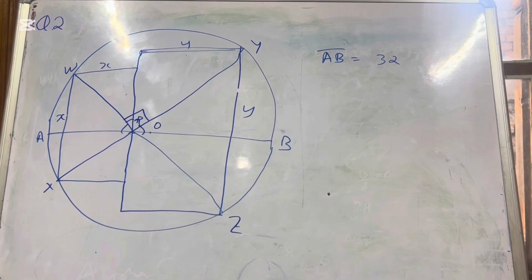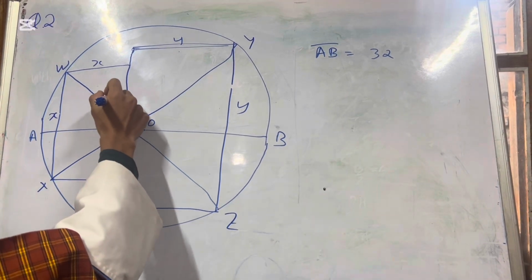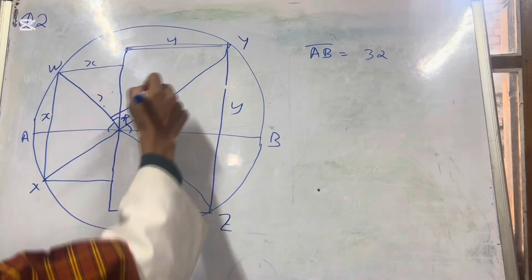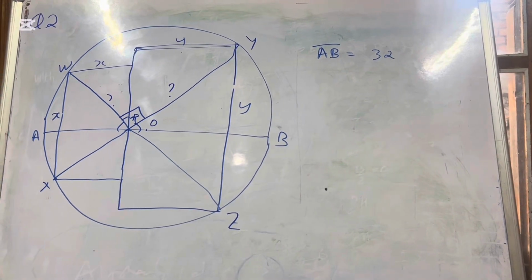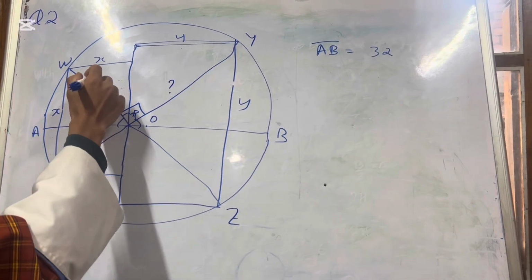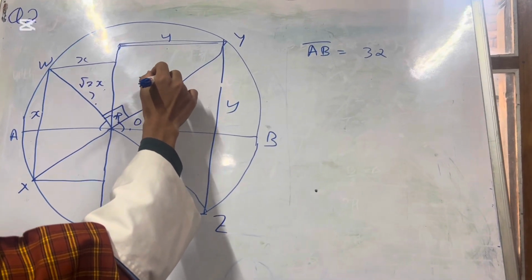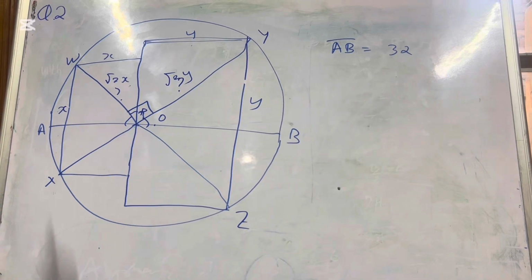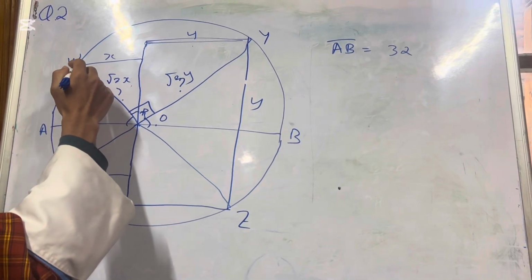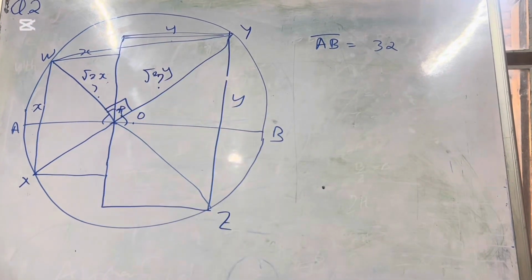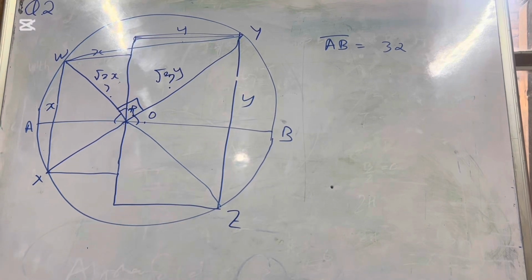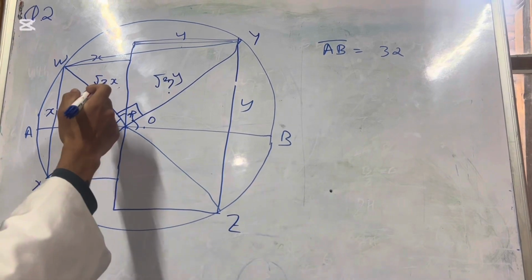To solve this problem we need to find out what this is equal to and what this is equal to. By the Pythagorean theorem, this diagonal will be root 2 x and this one will be root 2 y. Now we'll draw a line from W to Y. Since we have a 90 degree angle over here, we can use the Pythagorean theorem.